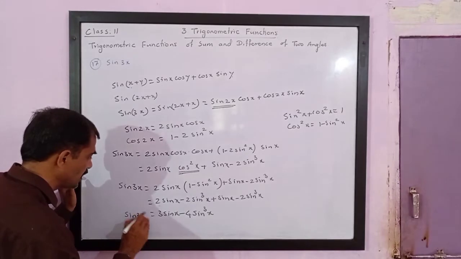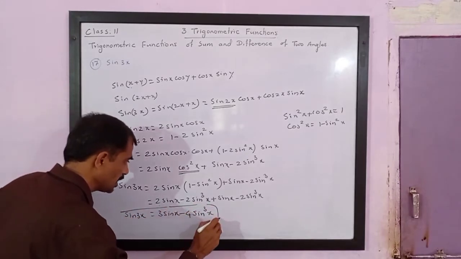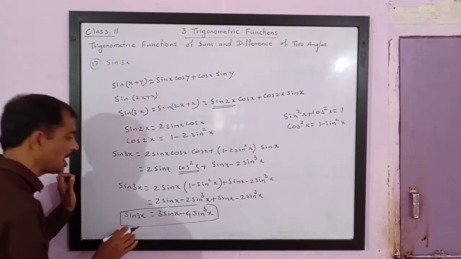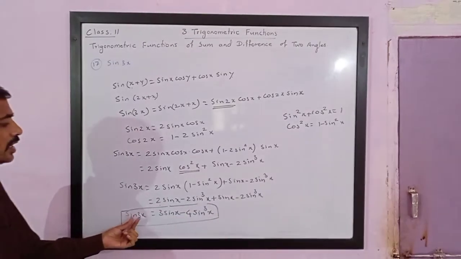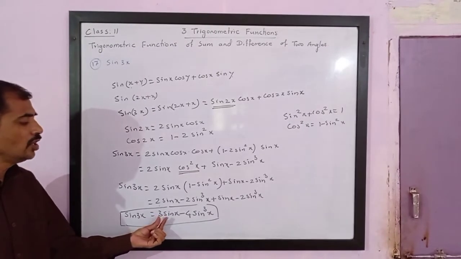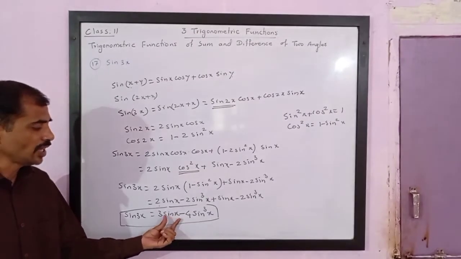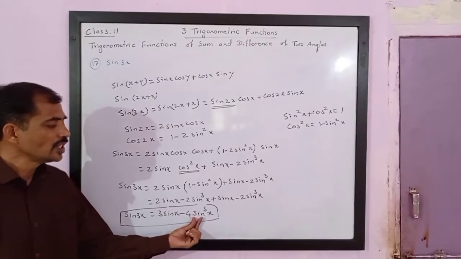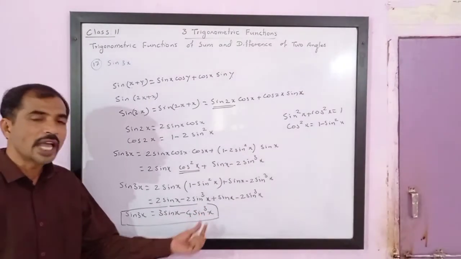Sine of 3x is equal to 3 sin x minus 4 sin cube x. This can also be remembered as sine of 3 times an angle is equal to 3 into sine of a single time angle, minus 4 into sine cube of the angle.